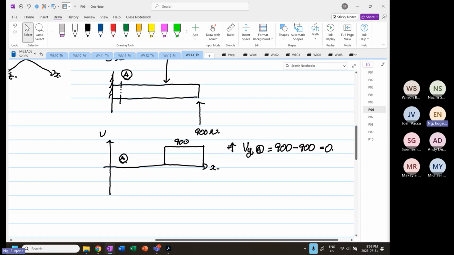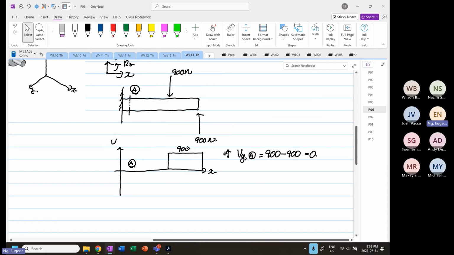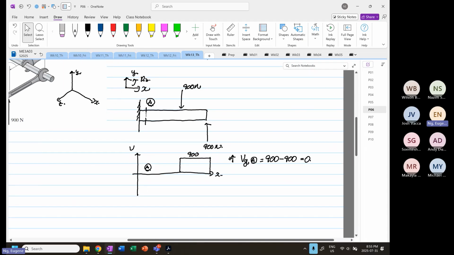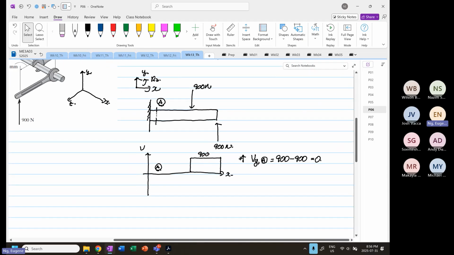Then we look at moment about Z. You can take anticlockwise to be positive.